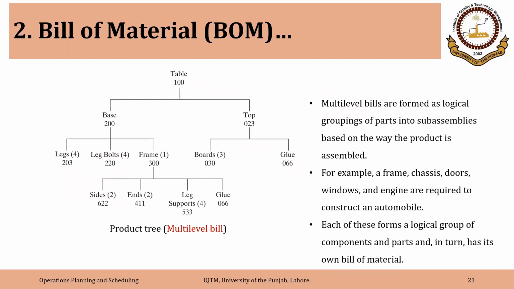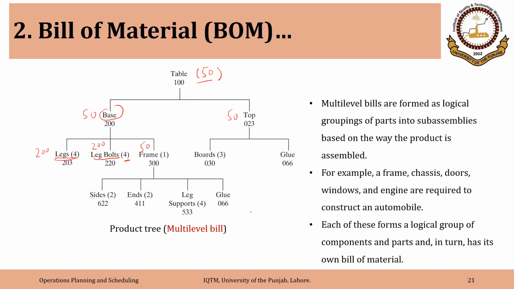So here is another example of bill of material that we saw in the last lecture as well. For example, in order to make 50 tables, we will need 50 bases and 50 tops, and we need 50 into 4, 200 legs, and 50 into 4, 200 leg bolts and 50 frames and so on.